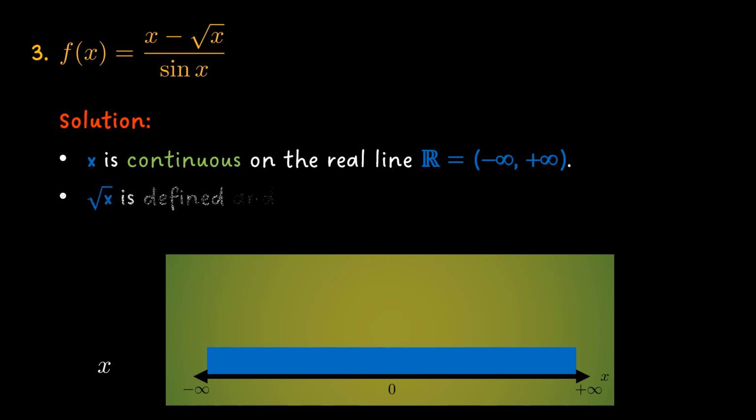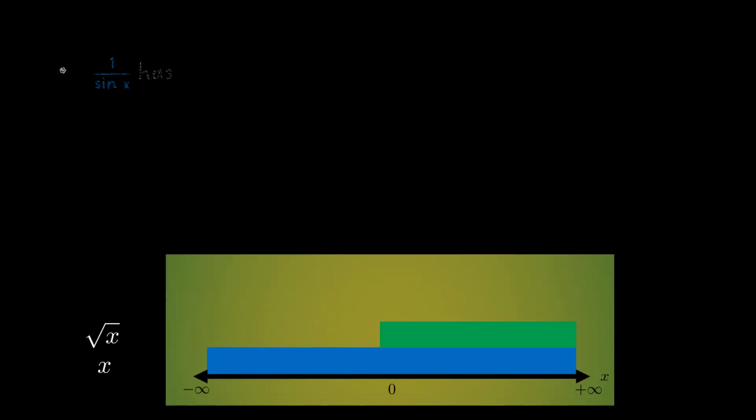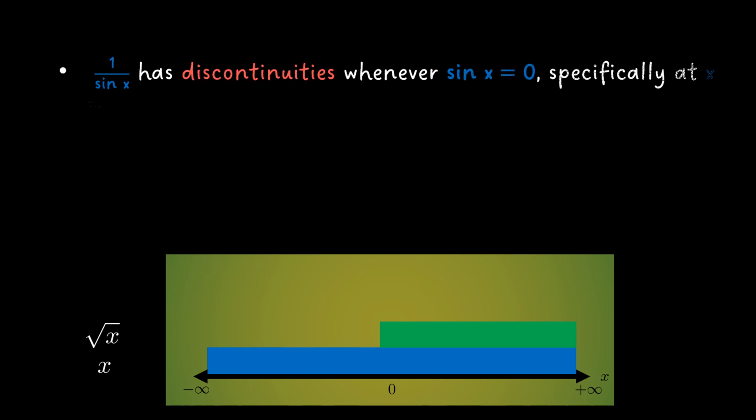Square root of x is defined and continuous for x greater than or equal to 0. One over sine of x has discontinuities whenever sine of x equals 0, specifically at x equals n pi, where n equals 0, positive or negative 1, positive or negative 2, and so on.